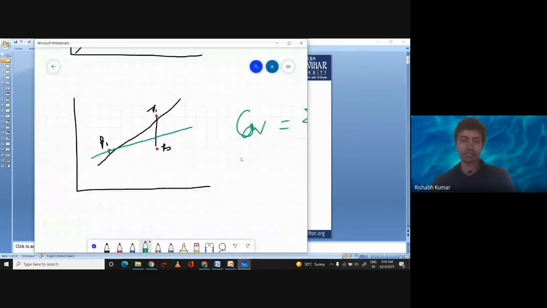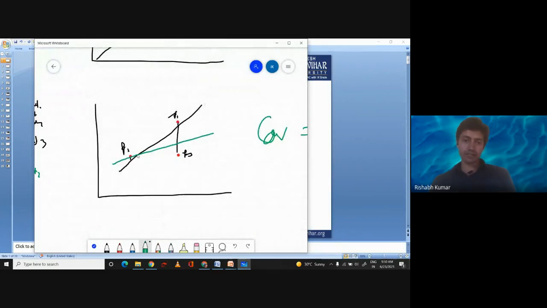You can see this black line has a different slope, so its intercept would also be different. This is the intercept for the black line, and the slope for the black line is this.